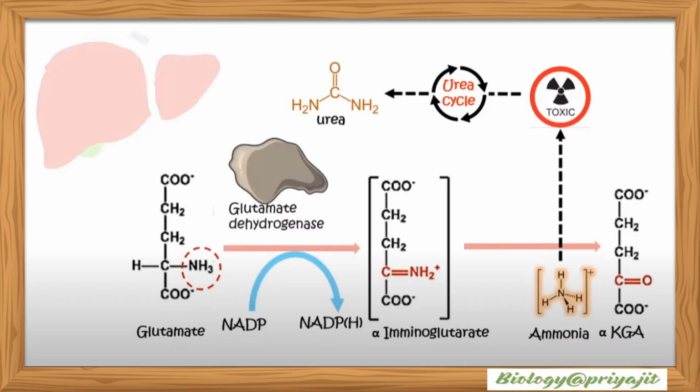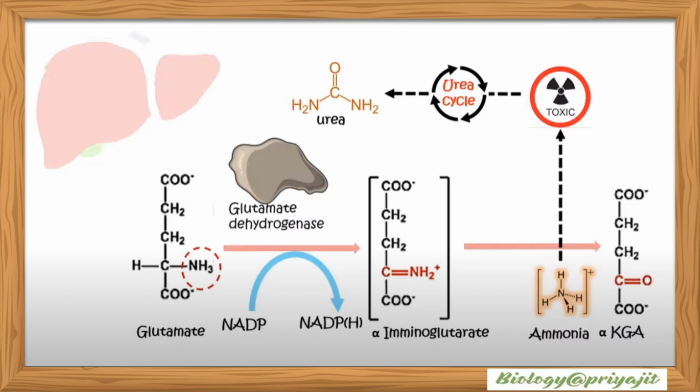So what happens within the liver: with the help of the enzyme glutamate dehydrogenase, the amine group NH3 will be removed from glutamate, forming an intermediate which is alpha iminoglutarate, and ultimately it will produce alpha ketoglutarate.